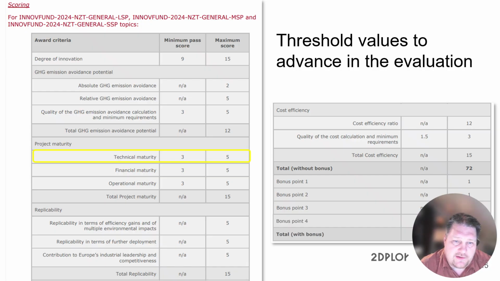When it comes to the technical maturity, as you can see, the minimum score is 3 points. So at least you need to overcome the quality of the technical maturity and receive 3 points here. But of course, after the series of Masterclass, I assume you will all aim for the top score on all of these criteria.